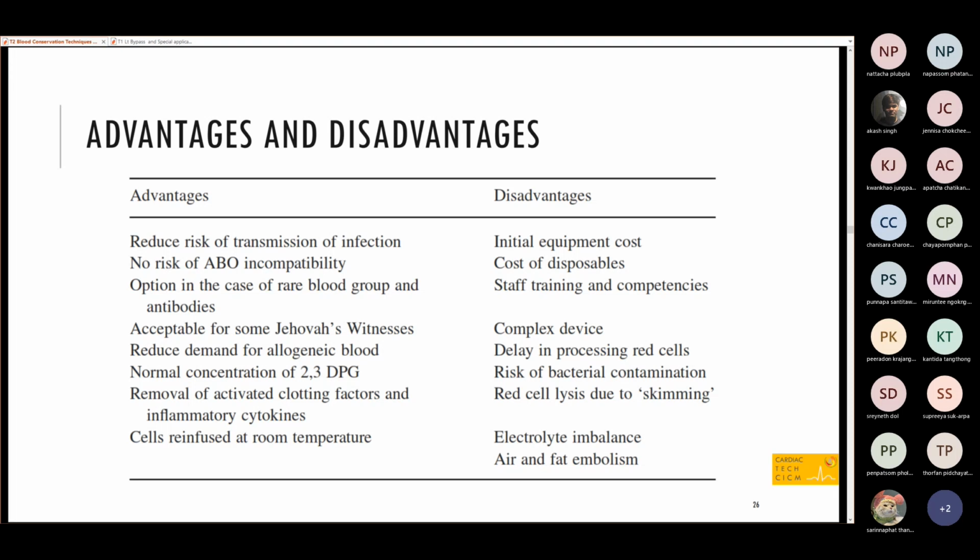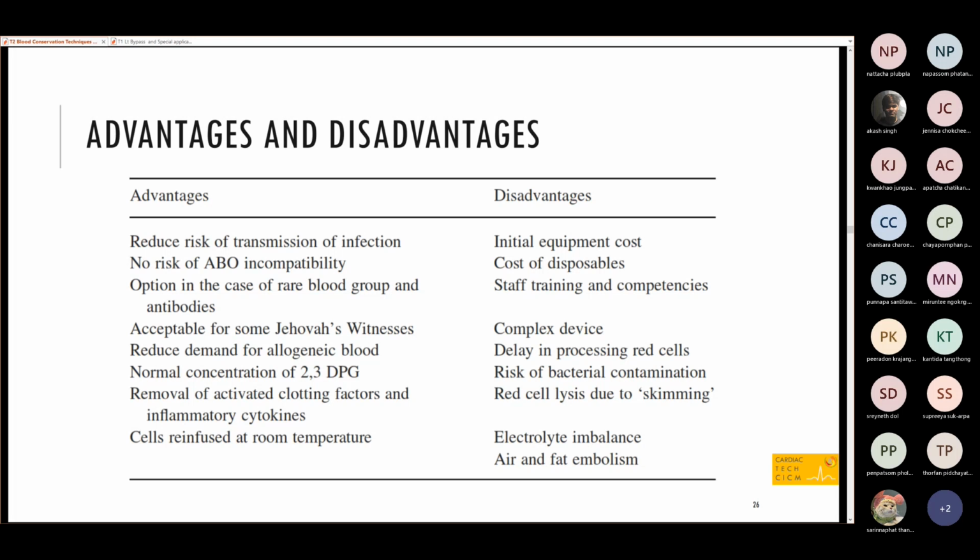So the risk of ABO mismatch could be said to be almost 0%, except for the Jehovah's Witness that I mentioned earlier. Jehovah's Witness people do not accept receiving blood from other people.